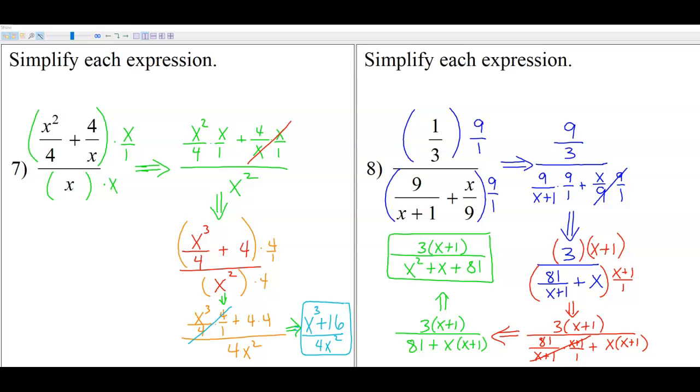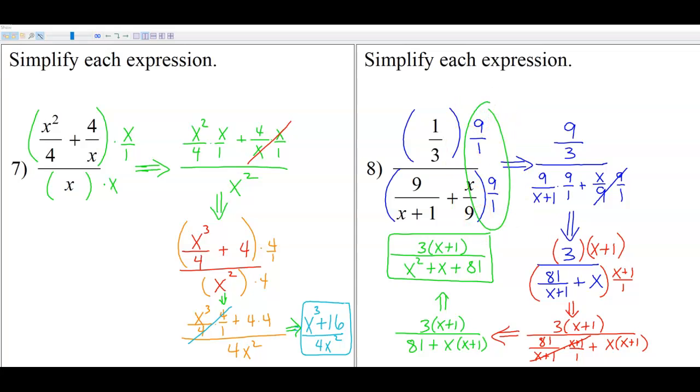So for the number 7, it's x cubed plus x cubed plus 16 over 4x squared. And for number 8, the final answer is 3 parentheses x plus 1 over x squared plus x plus 81. One little thing I would point out is that on number 8, I started by multiplying the top and the bottom by 9, because that is the one that would cancel the most stuff.